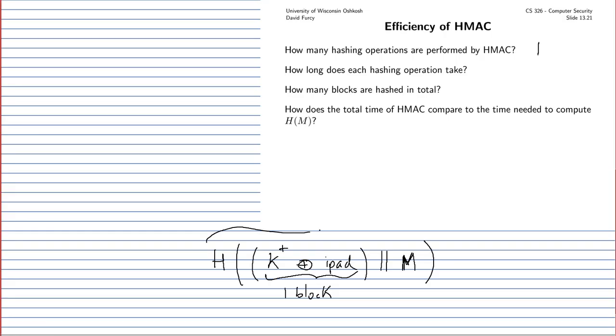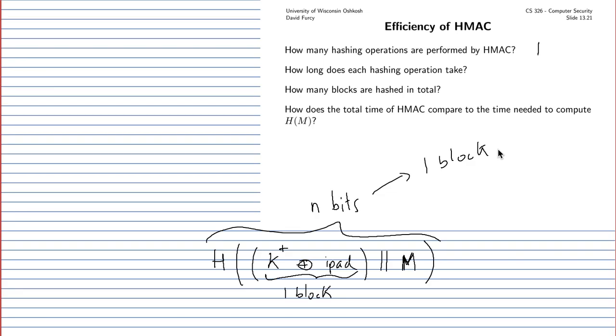Now the output of this hashing operation is a message digest of n bits. In general, n is reasonably small, so you can consider that the size of this message digest is going to be about 1 or 2 blocks at most. Let's just say 1 block. And if it's not exactly 1 block, we can do some padding to bring it up to 1 block. And so remember, the next step in the algorithm is to prepend in front of this block whatever you get by XORing the key with the output pad.